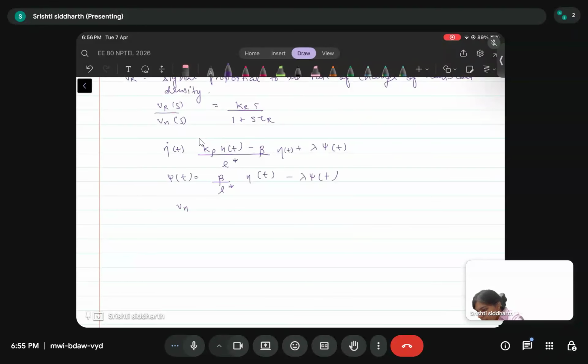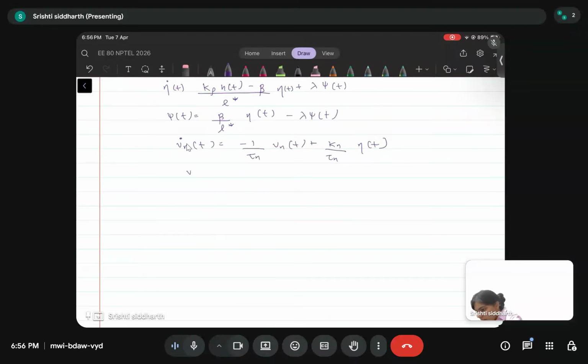Then Vn dot is minus 1 over tau n Vn of t plus Kn eta of t. Then Vr dot, and finally H dot of t is Km times V of t.